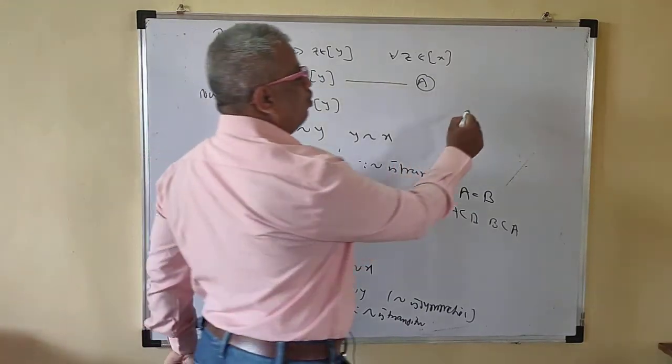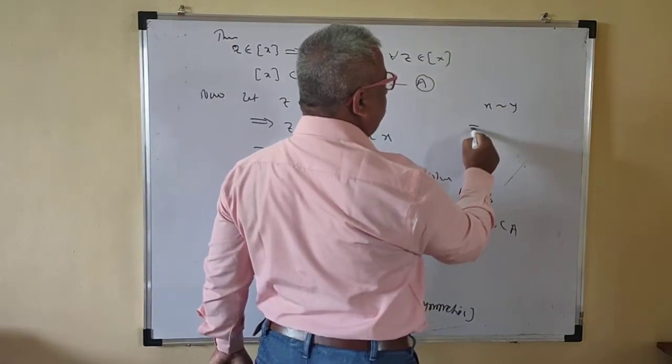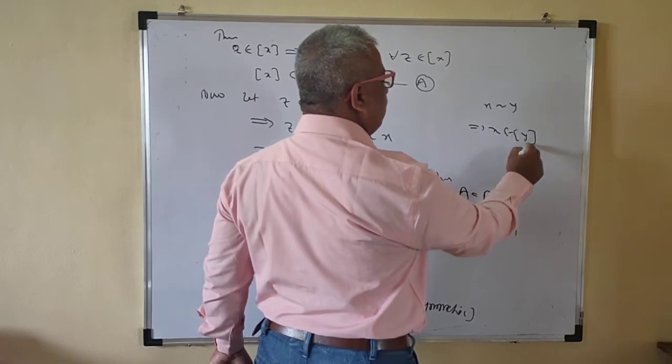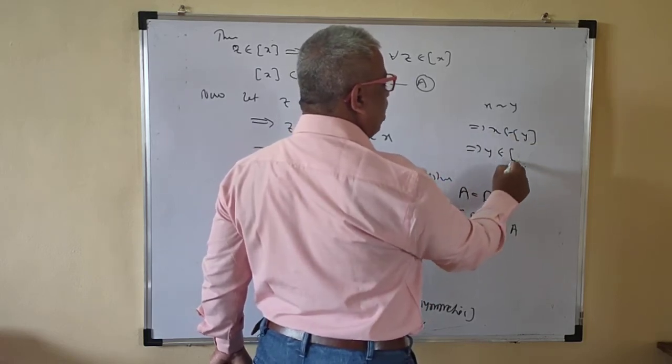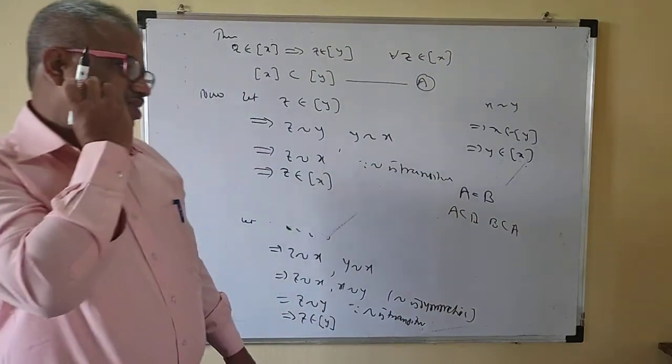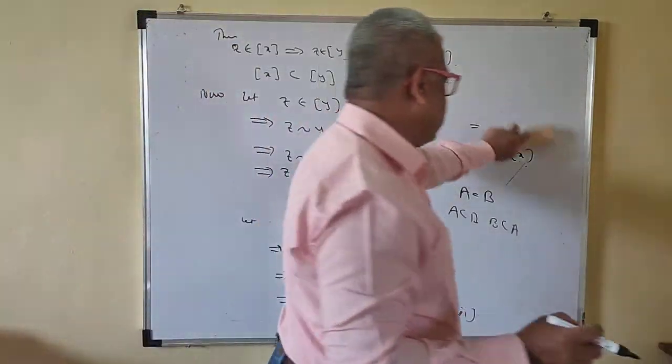Note that here you may write X related to Y implies X belongs to the equivalence class of Y, or you may write Y belongs to the equivalence class of X. So that is what we want to take here.